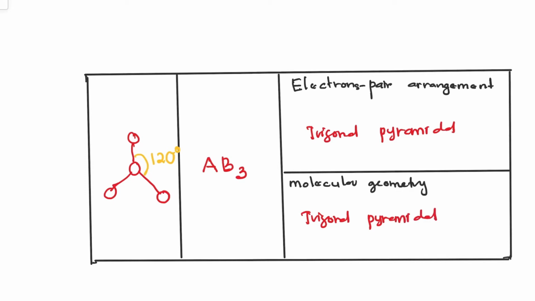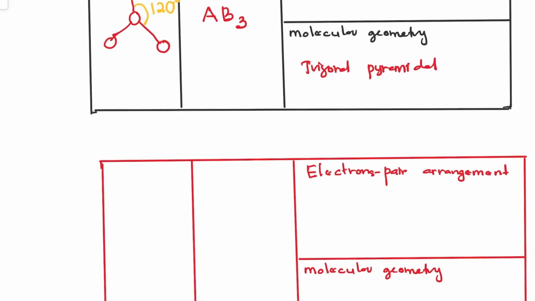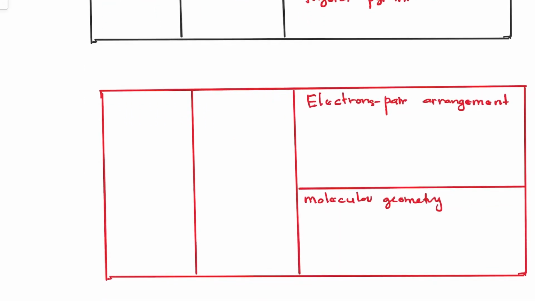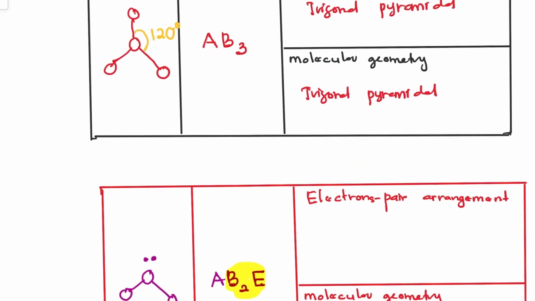Alright. The second situation is because we have 3 bonding atoms, we can replace one of the positions with a lone pair. So what happened? Let's say we still have 3 but 2 bonding and 1 lone pair. Now the general formula is AB2E. The total is still 3. But what is the difference?